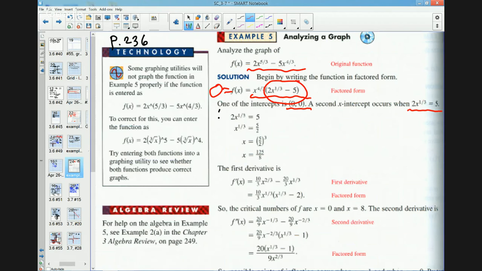And you can solve that using the algebra they did right here. So basically, we've got two x-intercepts. The first one is right here at 0, 0, and the second one is at 125/8, 0.